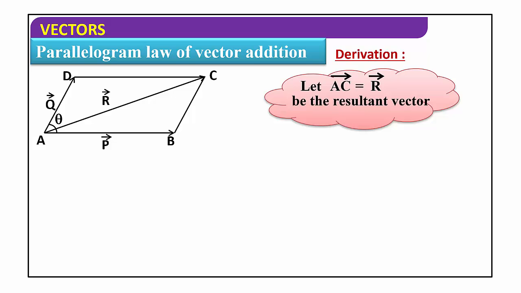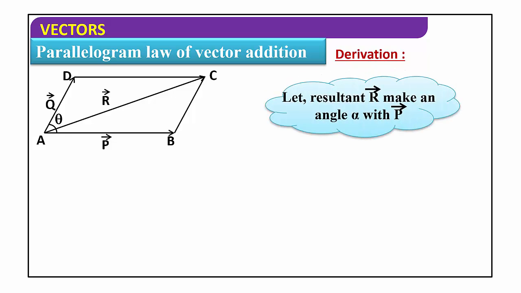So let AC, vector AC equal to vector R, be the resultant vector. Is it clear? Vector P, vector Q. When we add these two vectors, we will get resultant vector R along the diagonal of the parallelogram. Now, let us consider that resultant vector R makes an angle alpha with vector P. Observe the diagram.